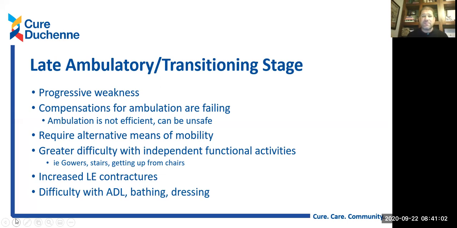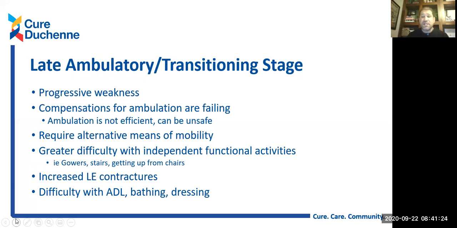How can we adapt them? Do we need to put them in a little bit higher chair so it's easier to get up to standing? Do we want to try to limit the amount of time that they're on the floor? Especially in school, if there is still some floor time happening, maybe they can stay in a chair so that they're not having to get up and down from the floor.